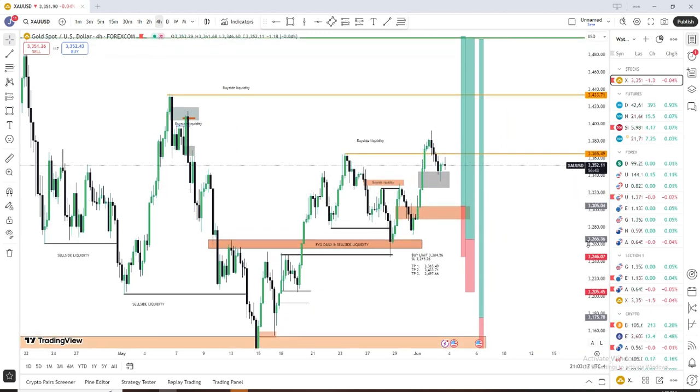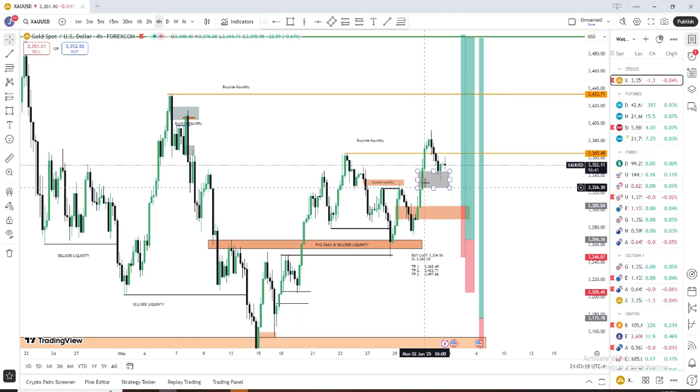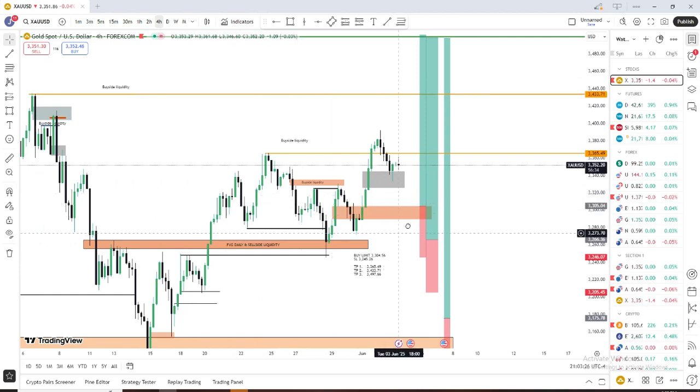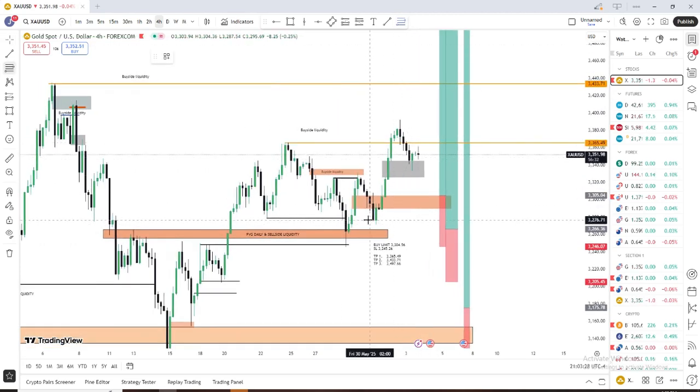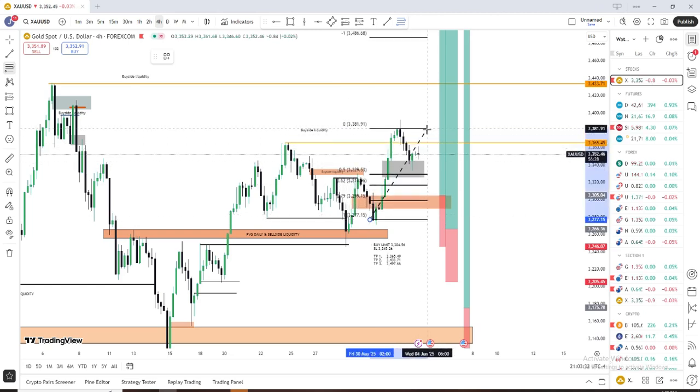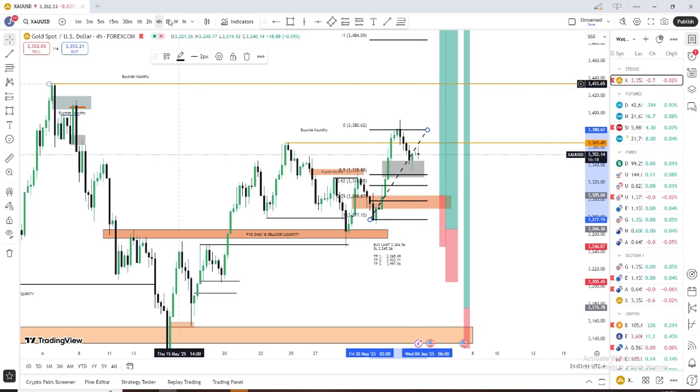This is just a 4-hour fair value gap, but like you always know, I always like to buy it when it's around 62. So you can see we will be waiting for it to come down to 62 retracement level, then we buy and we buy again.